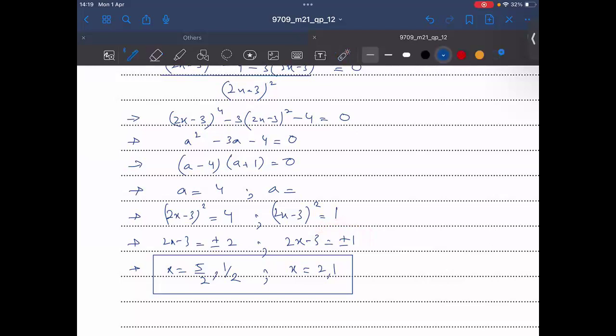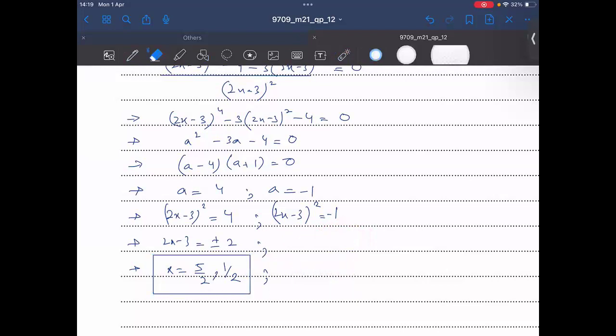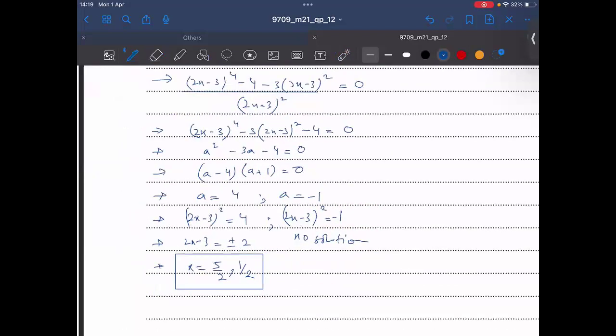So we're not going to get any solution out of this. Sorry, my mistake. So we're not going to get any solution out of it. Just 2 solutions. All right. Thank you. No solution from here. And we're just going to have 2 solutions to this equation. That is x equals to 5 over 2 and half.